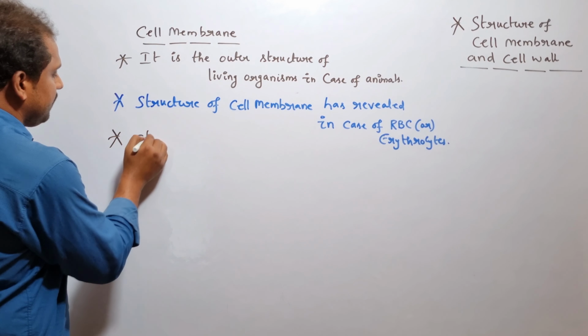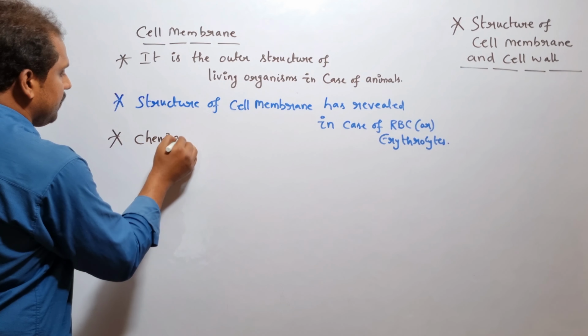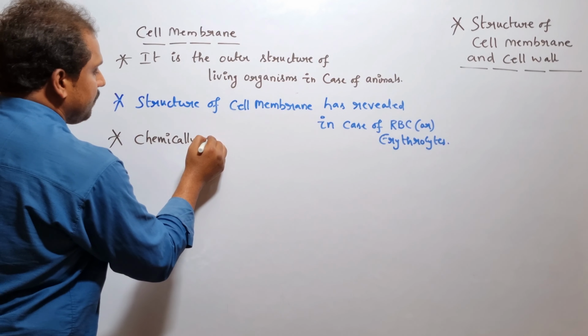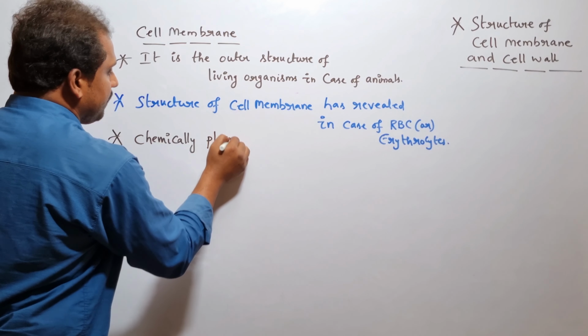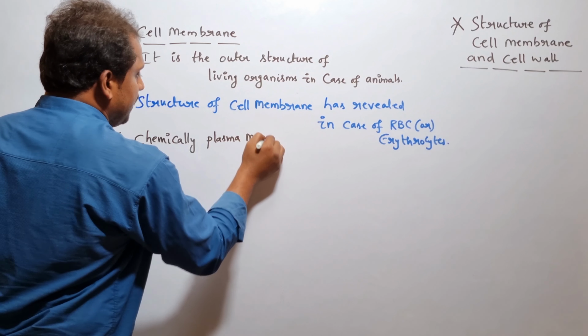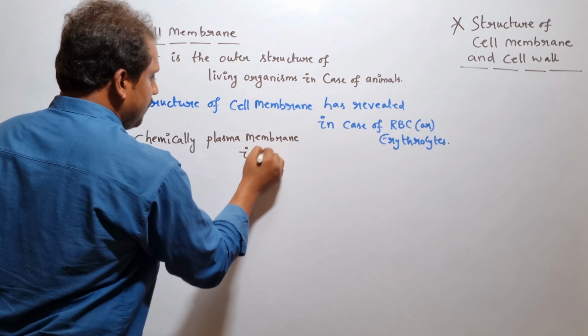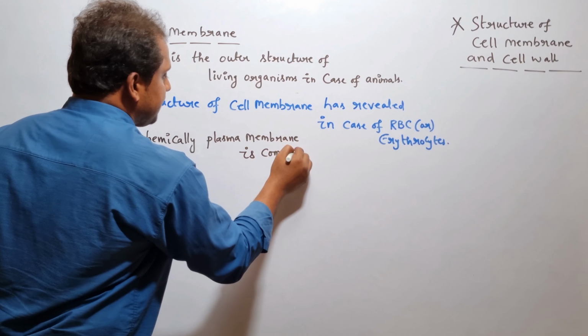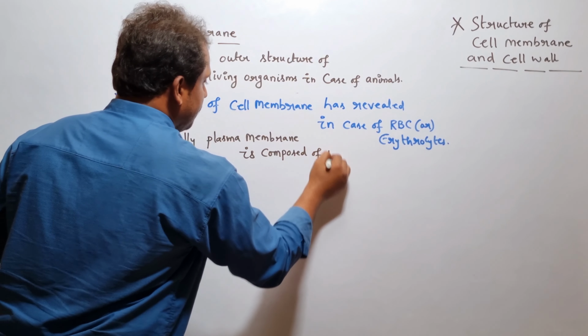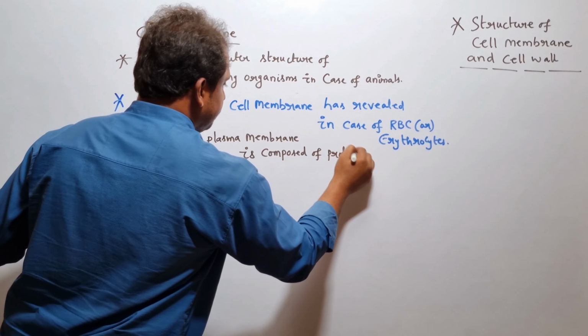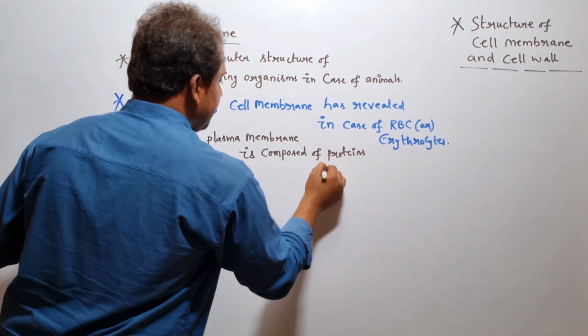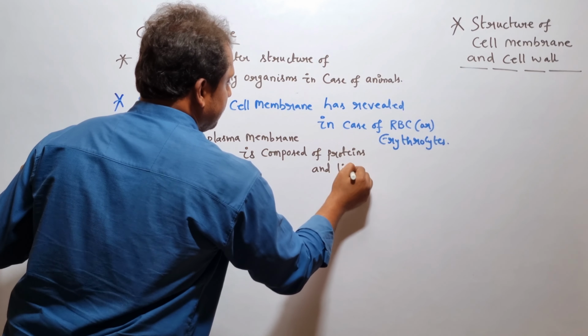Chemically, plasma membrane is composed of proteins as well as lipids.